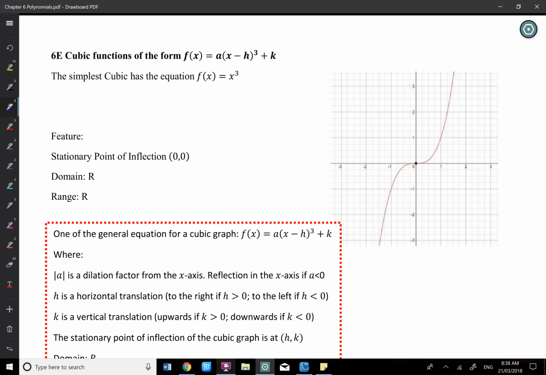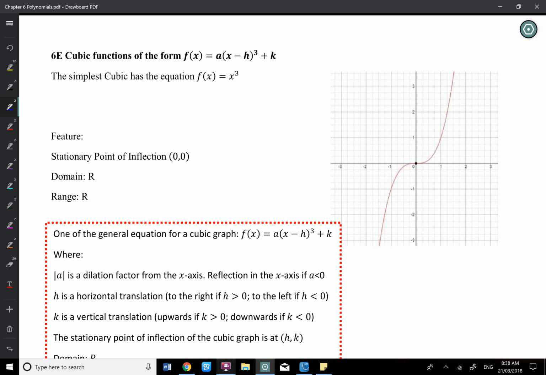For the first step, we can do the same thing, like making things equal to 0, which is what we normally do when we sketch other graphs. The first step is to find the stationary point of inflection. The second step is to decide whether it's an increasing graph or a decreasing graph. If a is greater than 0, we have an increasing graph.